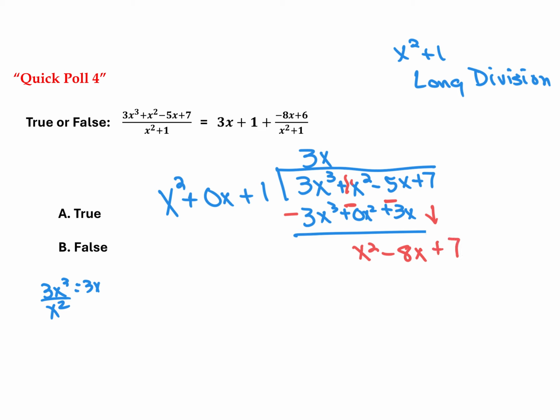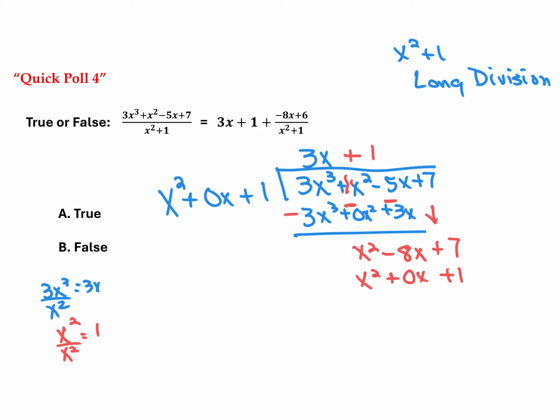All right, at this point, we're now going to do x squared divided by x squared. Anything divided by itself is 1. So this becomes plus 1. Multiply through, I get x squared plus 0x plus 1.